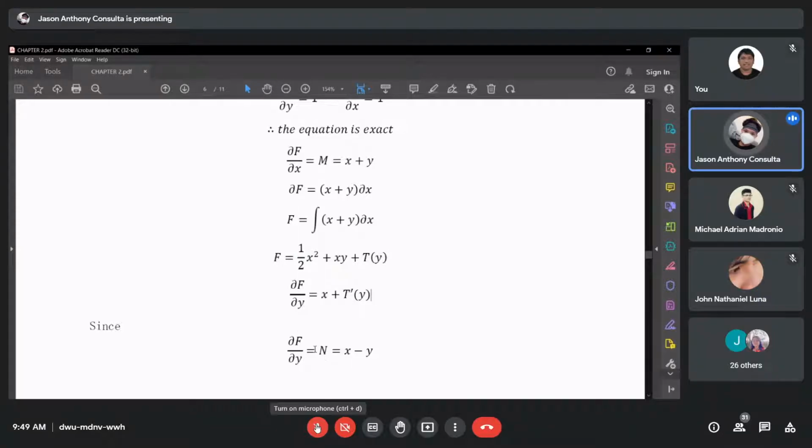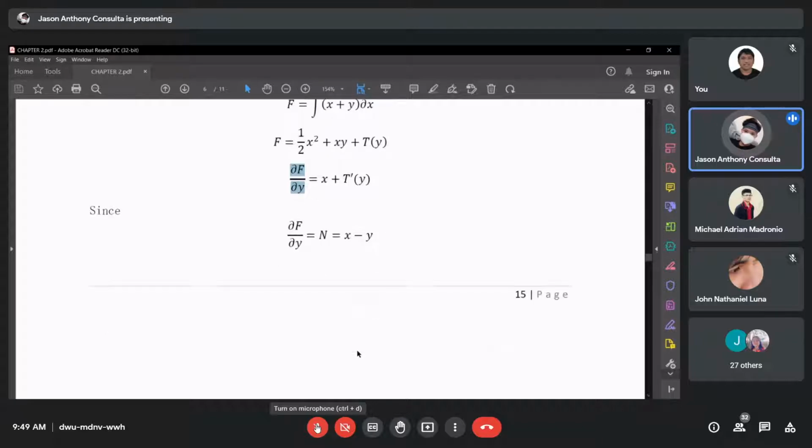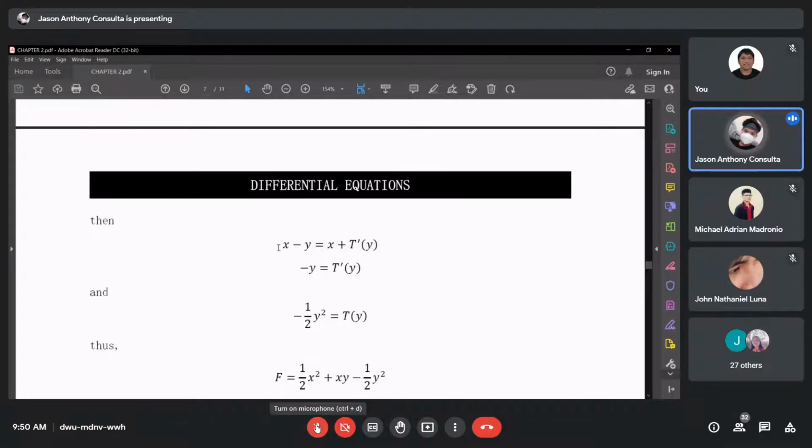But we have value for partial differential of f with respect to y, which is n, which is x minus y. Okay? So let us substitute x minus y to this one, to partial differential of f with respect to y. Okay? So we have x minus y is equal to x plus t primes of y.